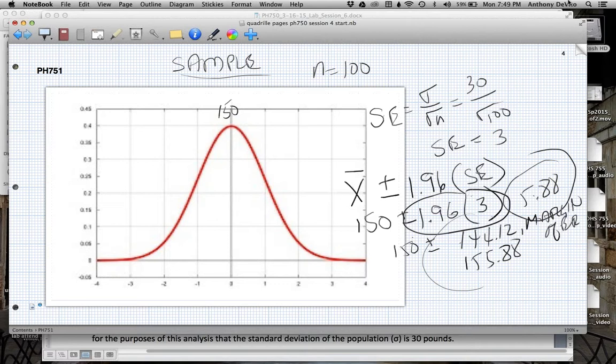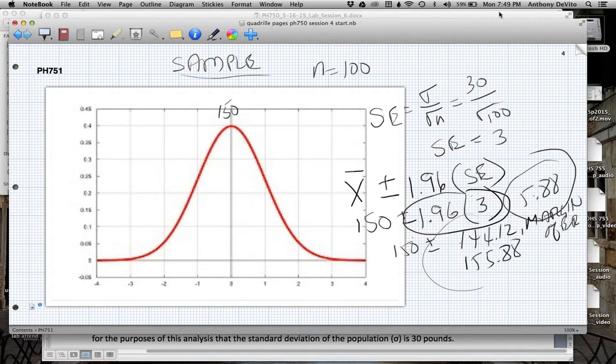But we do know what level of certainty we have, how reliable this is. We are 95% certain that the true population mean is between these two numbers. We may never know what the population mean really is, but at least now we have an idea of a likely range for it, and we can quantify our level of certainty or doubt. In other words, there's a 5% chance that it's not within this range.